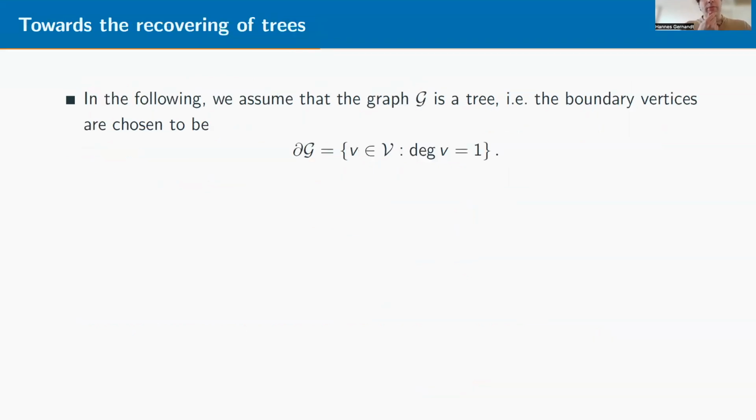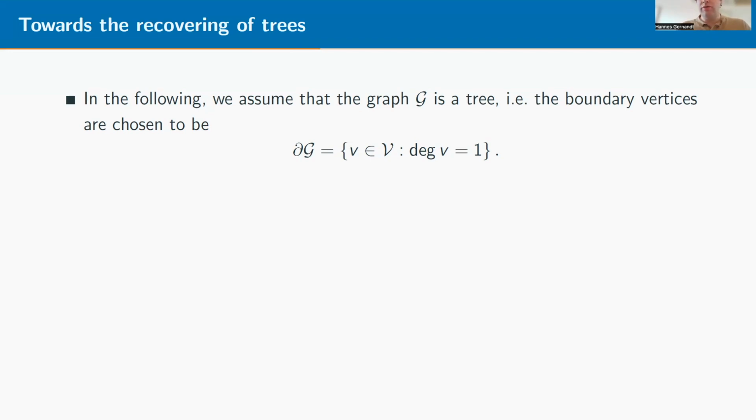And remember that I want to recover this tree structure. And to do this, we will now restrict the graph to be a tree, because somehow you see that to determine the Dirichlet-Neumann matrix, I need to work with inverses of Laplacians, and that's hard for general graphs.